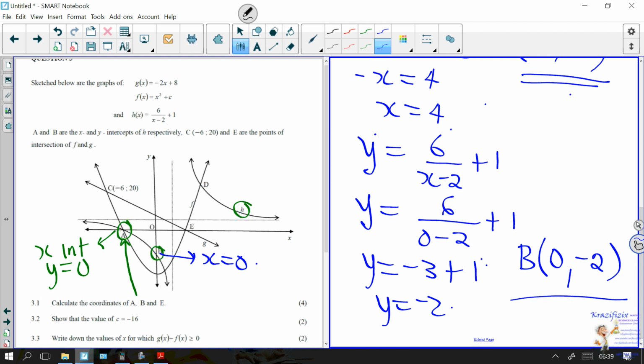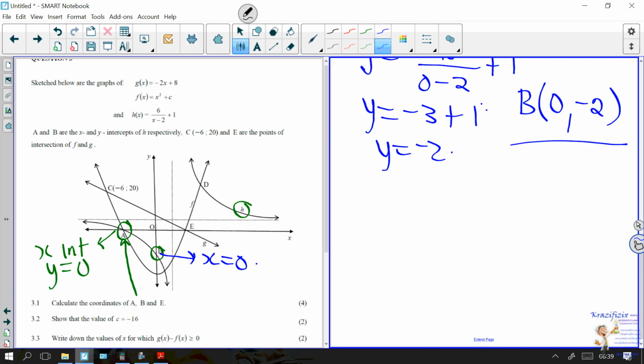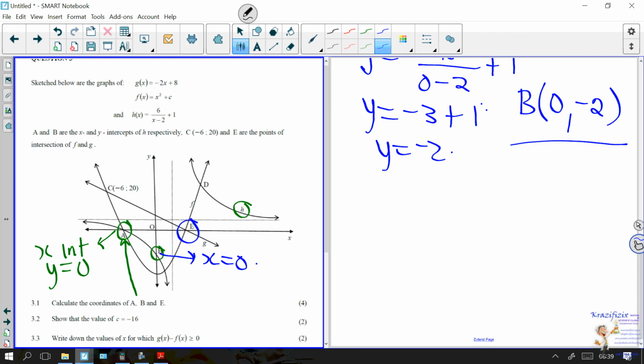What about the coordinate of E? What do you notice about E? E is a point of intersection between f of x and g of x. But there's so many ways. Number one, we don't know f of x, so there's going to be a problem there. But what do you know about g of x? At E, my y value is equal to 0.